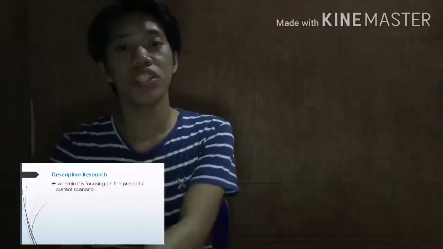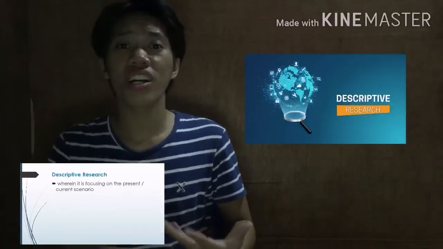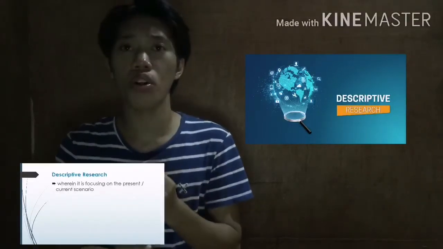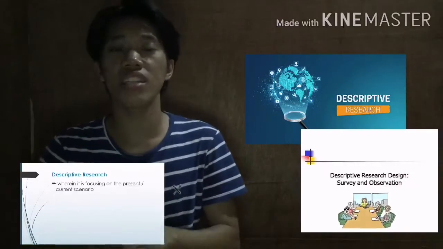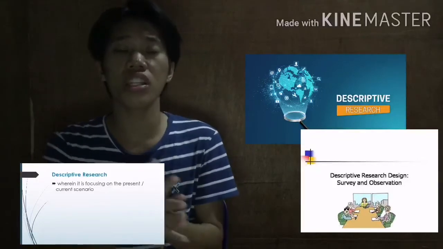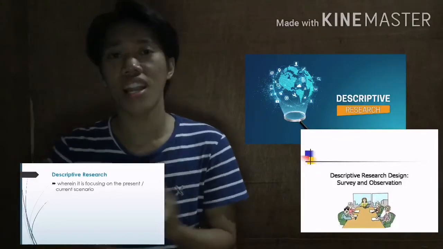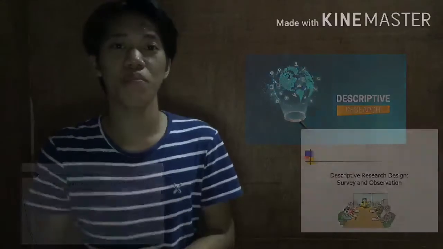In descriptive research, it is more focused on the present or current scenario. Like for example, the periodic table categorizes the elements, wherein the scientists use knowledge about the nature of protons, electrons, and neutrons to devise a categorized scheme.